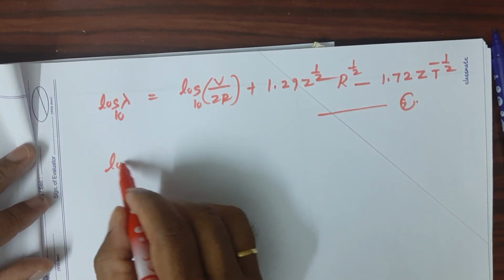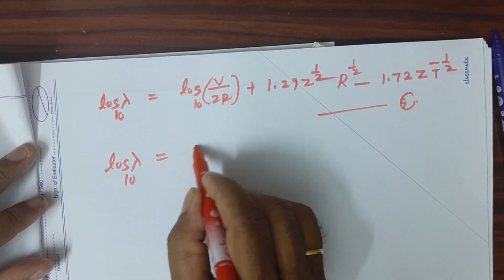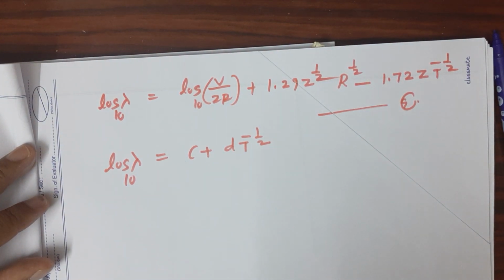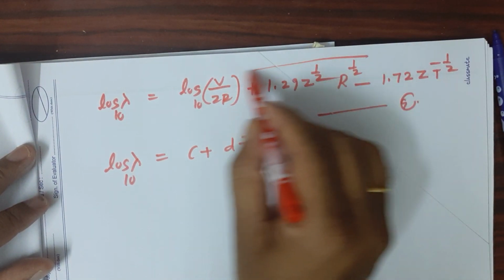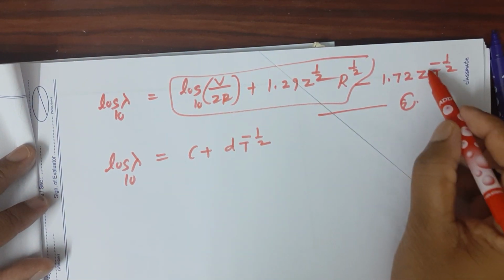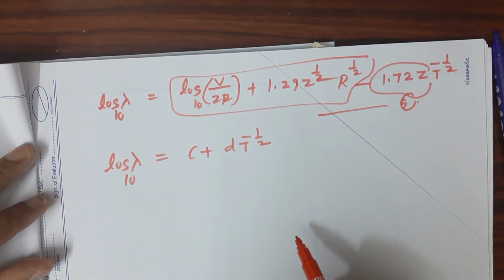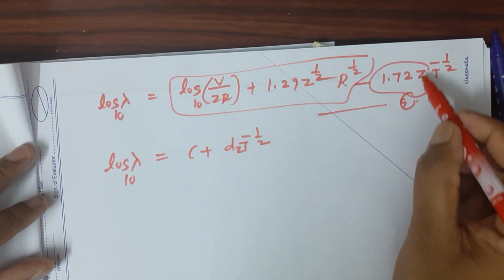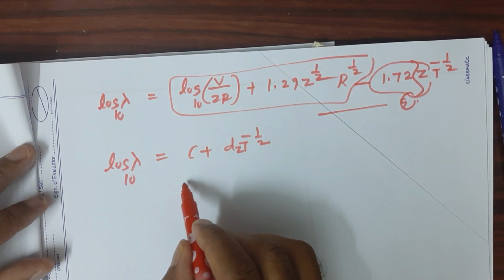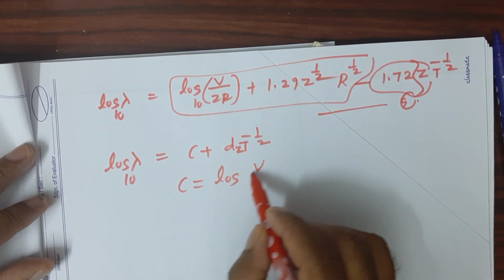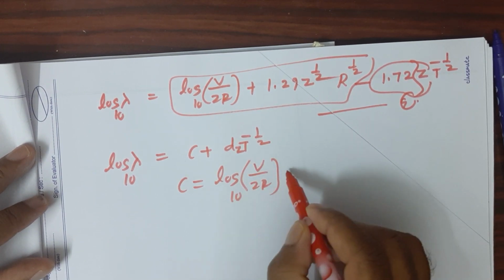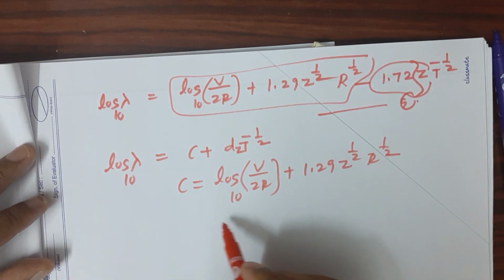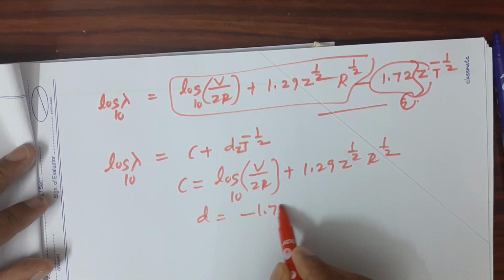So here I am writing it as log lambda base 10 is equal to c plus d Z t^(-1/2), where c is log of v by 2r base 10 plus 1.29 Z^(1/2) r^(1/2), and d is equal to minus 1.72.